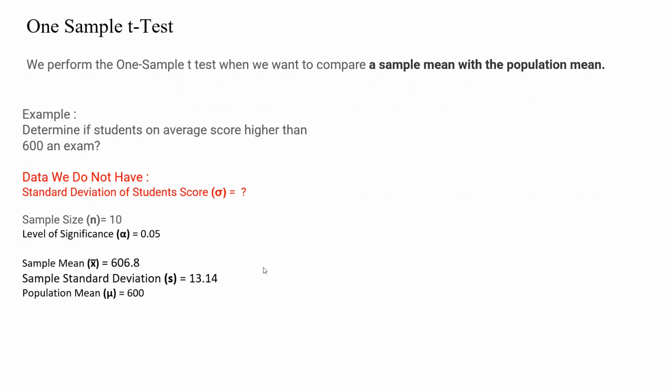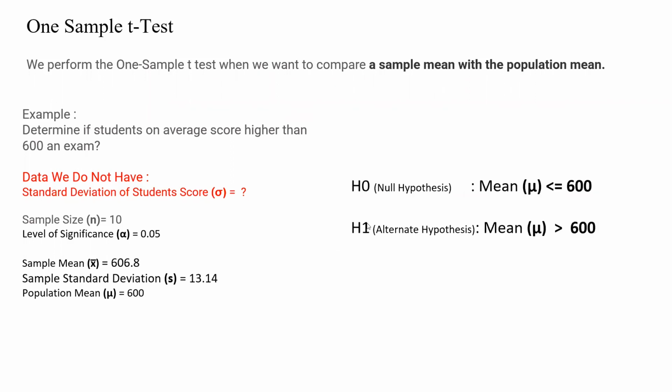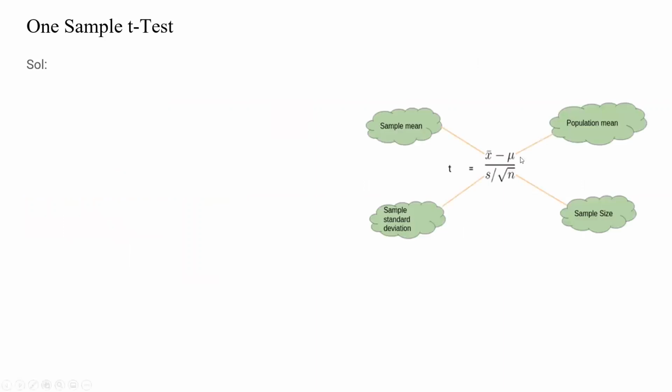Based on this data, we will construct our null hypothesis, which is the same as earlier. We are checking whether the average student score is greater than 600 or not. Based on that, we'll construct the null hypothesis and alternate hypothesis. Now let's see how to calculate the t-score, and how we make a decision based on it. It's a fairly similar formula for t-score and z-score.